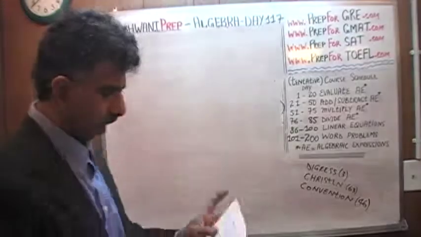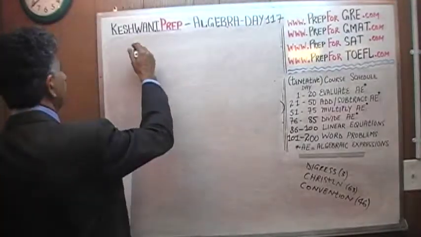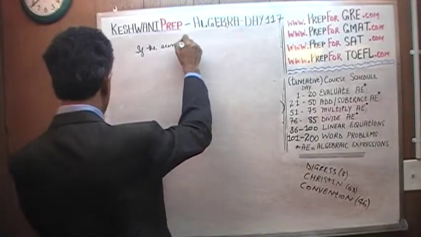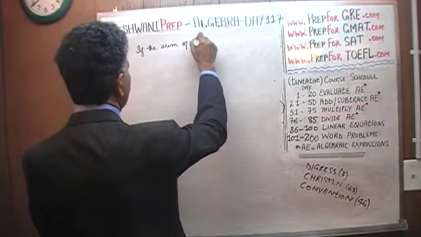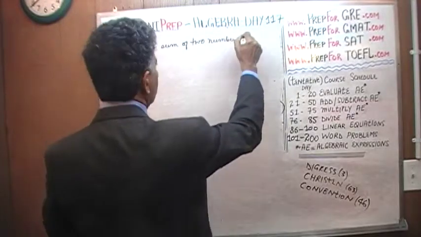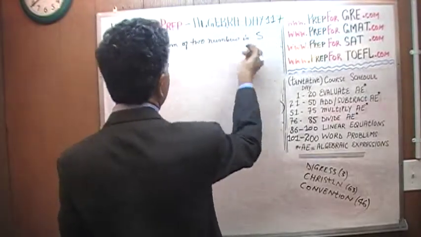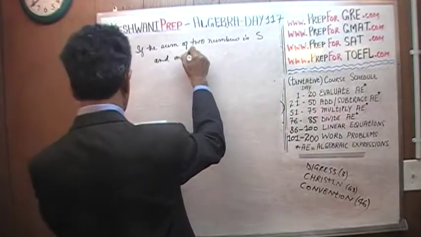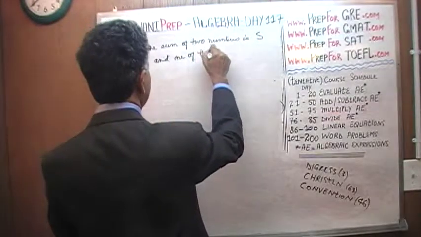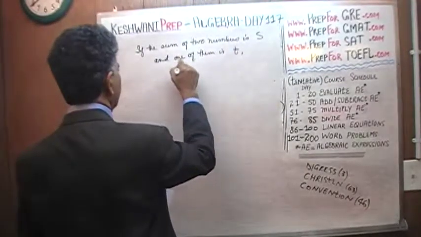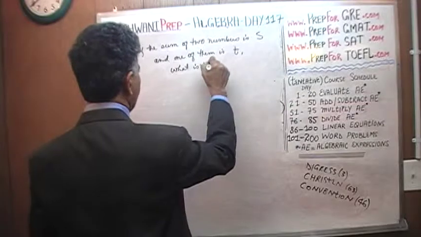Here's the question. We are told that if the sum of two numbers is S for the sum, and one of them is T, the question simply is, what is the other one?